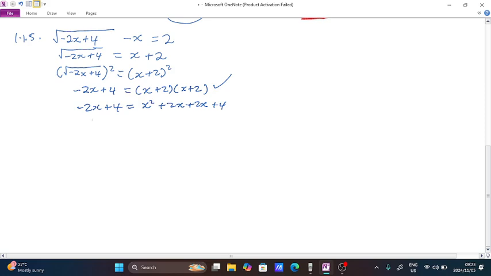Now what did you do here? Now you can take everything to, or let's simplify it first. Negative 2x plus 4 equals x squared plus 4x plus 4 again. Now we take everything to the right hand side. We have 0 equals x squared, then the 2x comes over positive here, plus 6x.